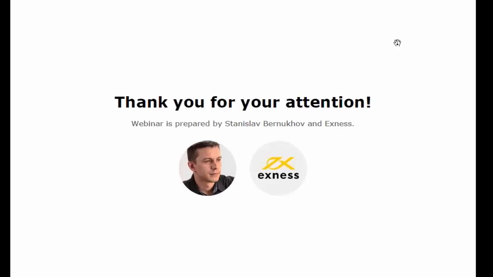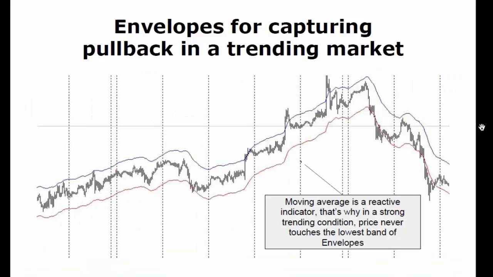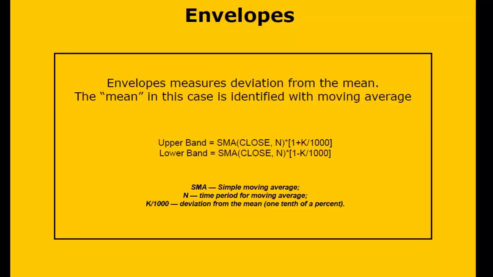Okay, let's go through the envelopes once again. Envelopes are an indicator of deviation. It measures deviation from the mean. Let's imagine that you have a value and a price. Price gets away from the value and it gets back to the value again.